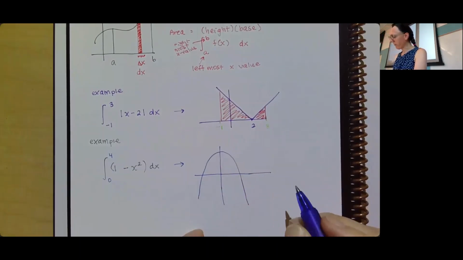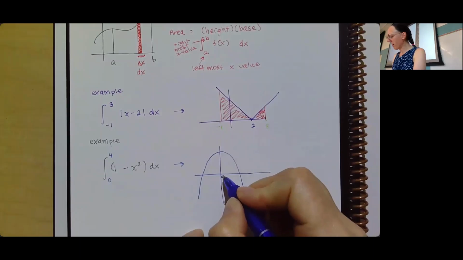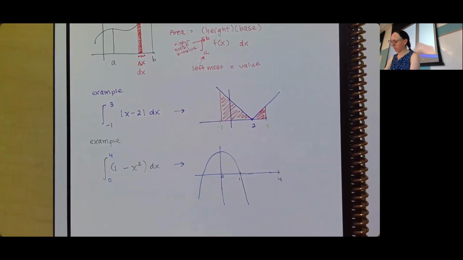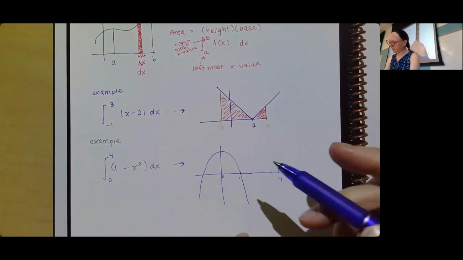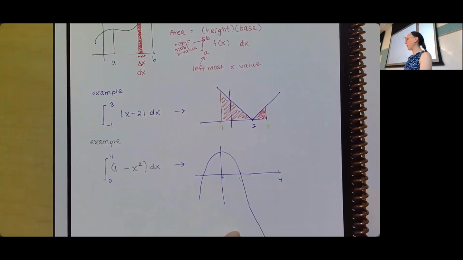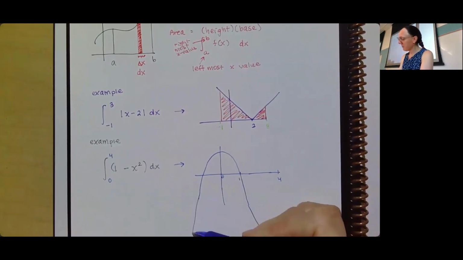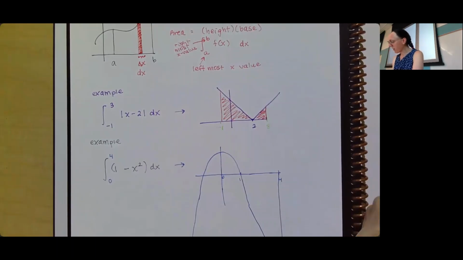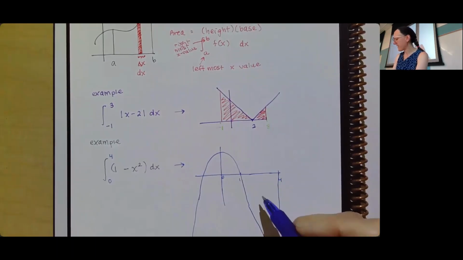And I would be looking for the area from 0 all the way out here to 4. Okay, my picture. We'll just use the whole sheet. My parabola, it keeps going down. We define this part of the curve to have negative heights.